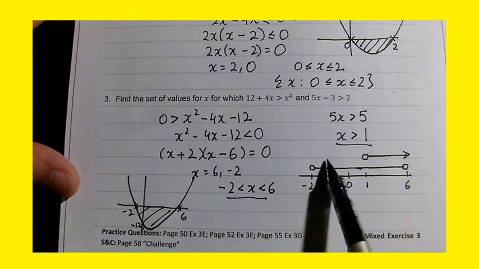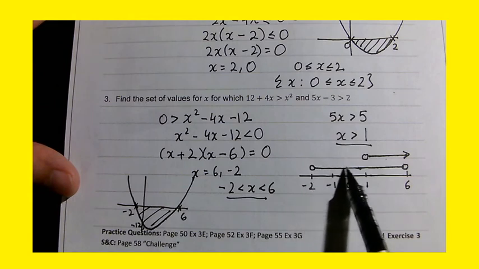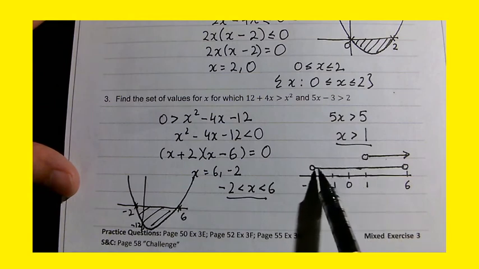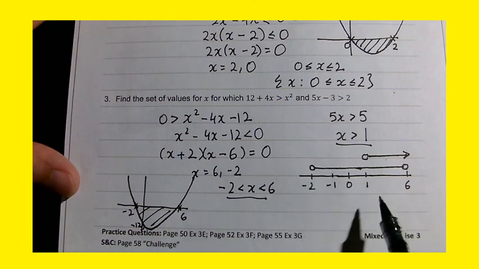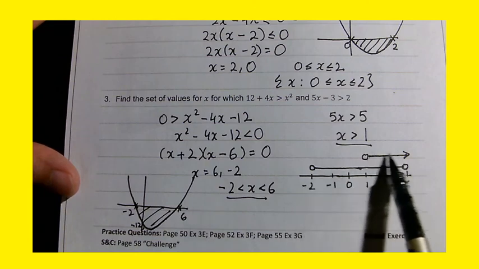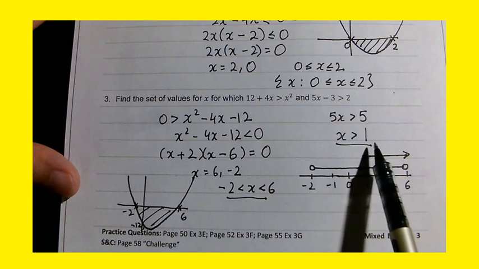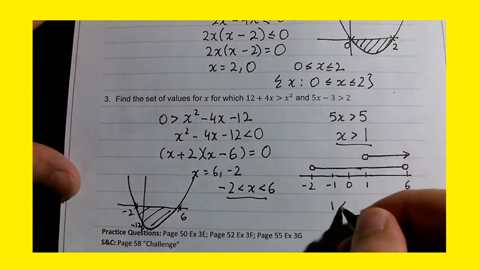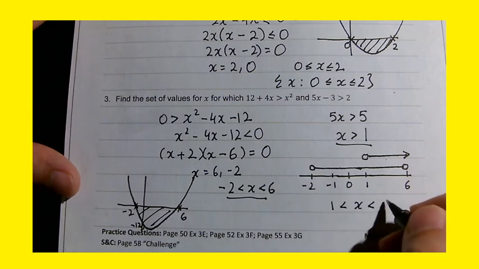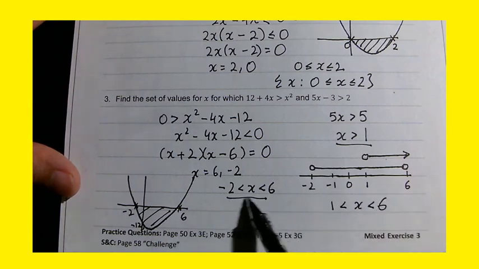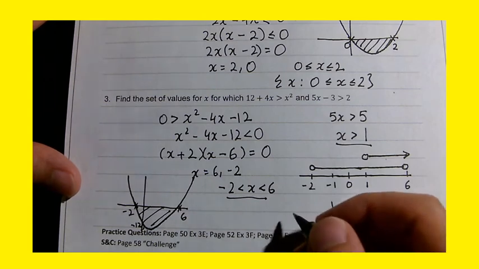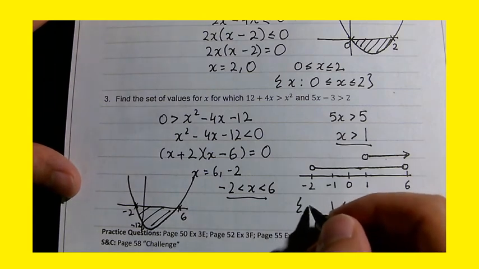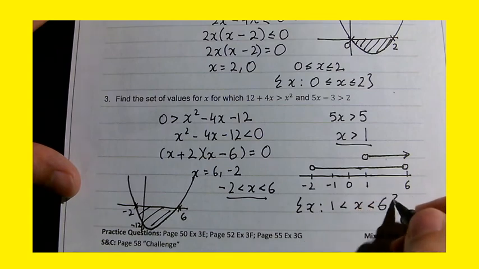Well, if I say my answer is between minus 2 and 1, then that won't satisfy this inequality here, because it has to be greater than 1. But if I say my answer is between 1 and 6, then not only will that satisfy this inequality here, but it will satisfy that inequality there. So that is my answer, and you can write that in set notation.